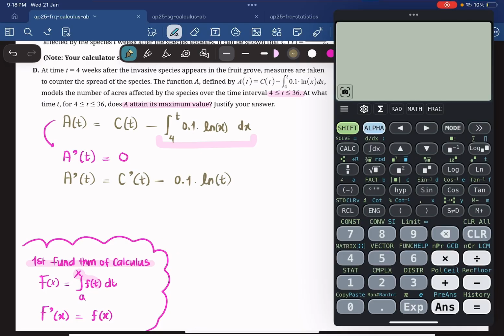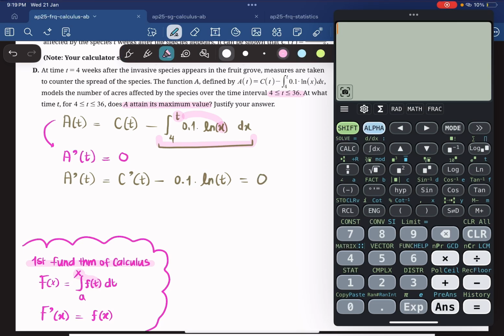If we differentiate this, instead of x you just replace it with t. So A prime of t equals C prime of t minus 0.1 ln t, and we're going to equate that to 0.